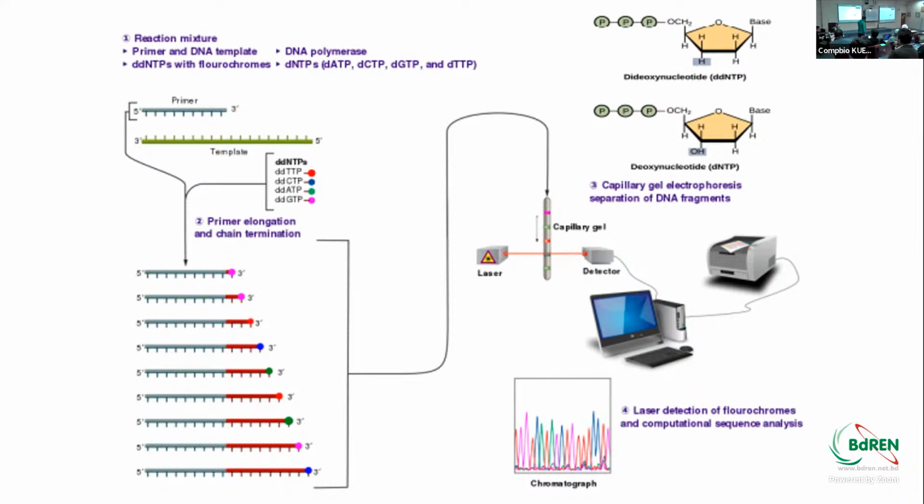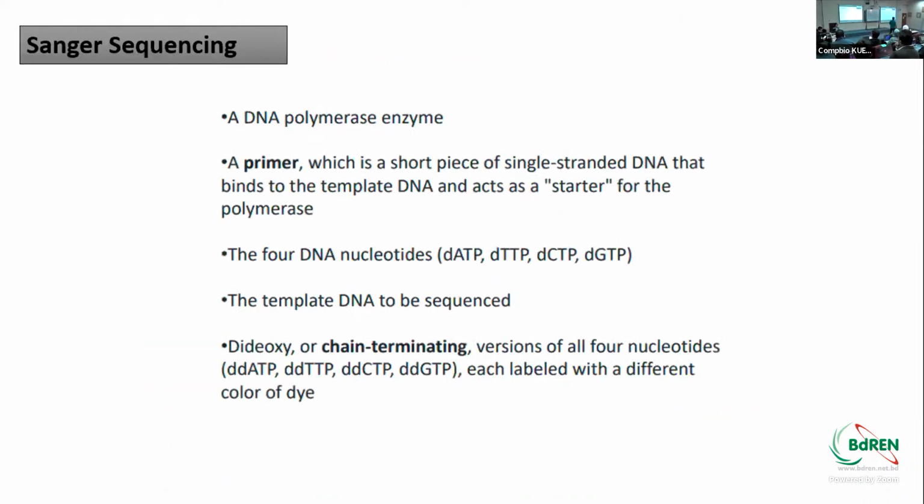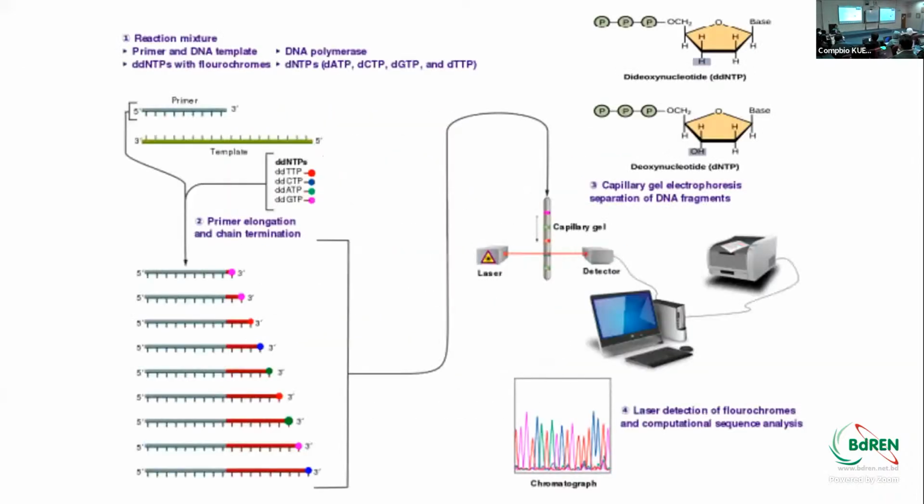If we go for a PCR, the polymerase chain reaction, we need a DNA, then we need the normal primers, the flanking ones, the four DNA nucleotides, dATP, dCTP and so on, and the template to be sequenced, and the DNA polymerase, and the chain terminating ddATP, ddCTP, etc. The mechanism is that whenever they get a dideoxy, the chain is terminated because it cannot synthesize any more of the DNA.